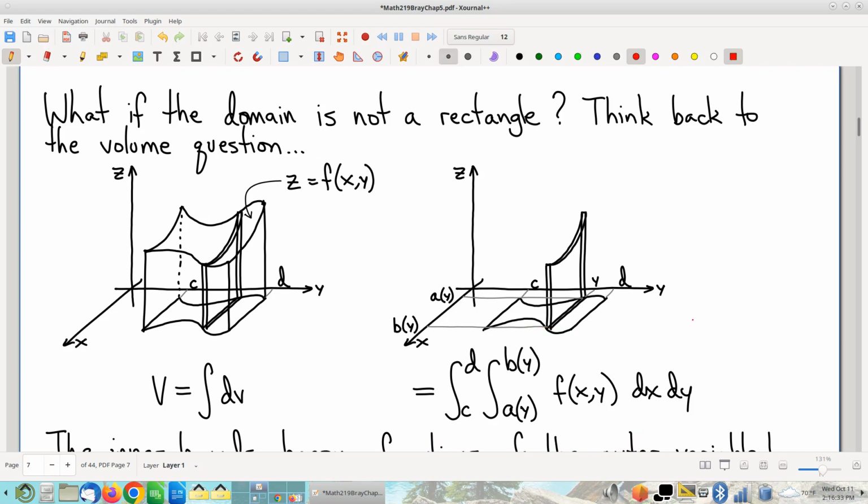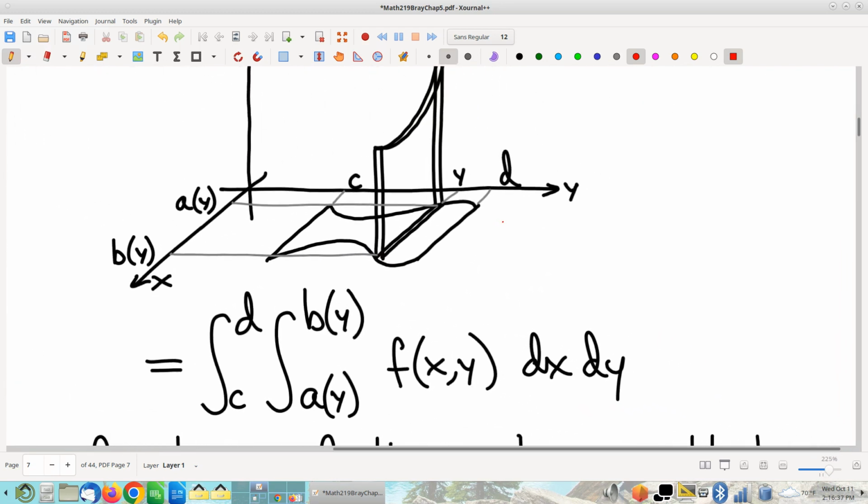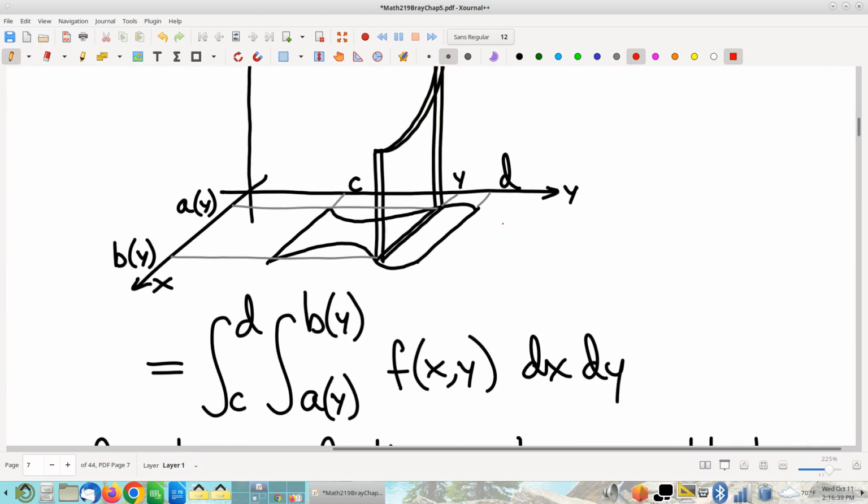I'm going to zoom in so I can see this better. Here we go. So looking at this here, let's look at the bounds, like this lower bound here. The lower bound for my dx integral. Keep in mind my dx integral is what's allowing me to compute that cross-sectional area. Right? X goes from some starting point to some ending point.